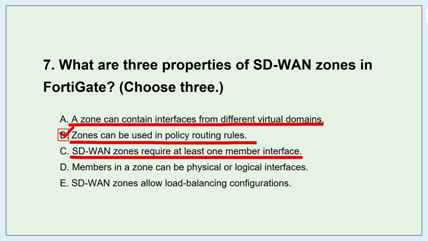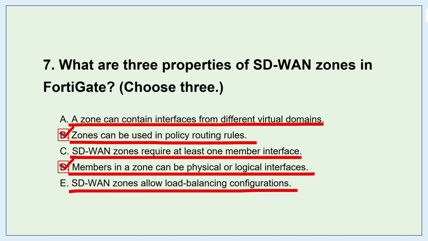Members can be added later. Correct. A zone can include both physical and logical interfaces. Correct. SD-WAN zones support load balancing to split traffic across different paths for better performance.